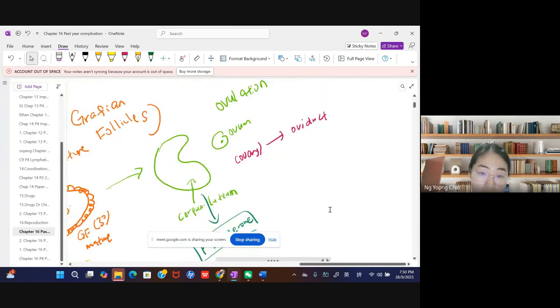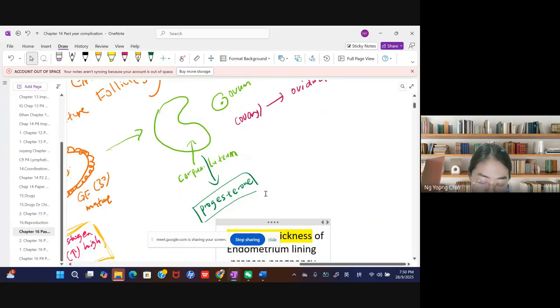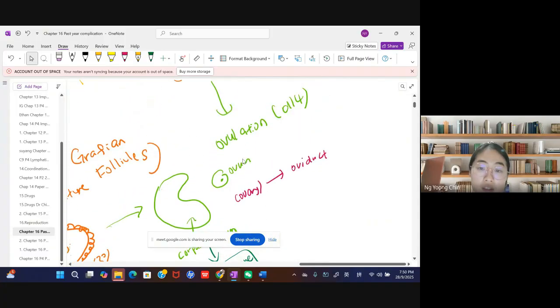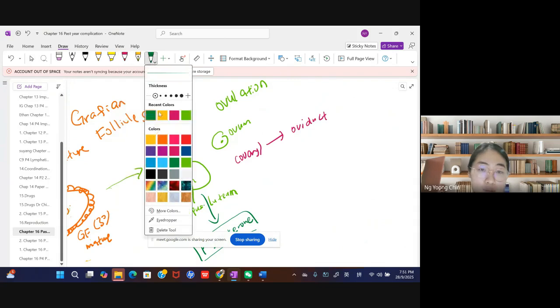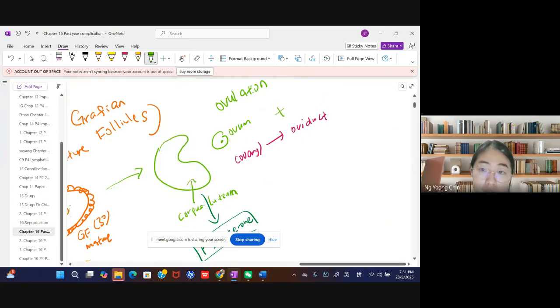Now we talk about the ovum again. What it does later is try to meet the sperm. So this ovum can meet the sperm. This is the sperm, in a tube.